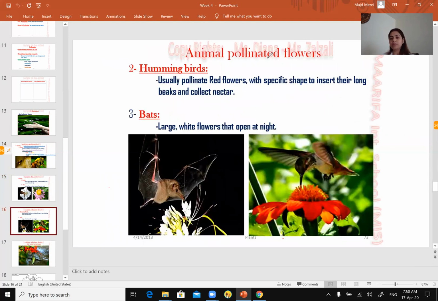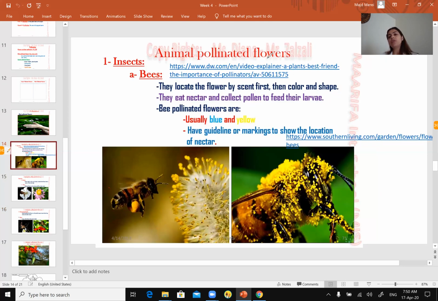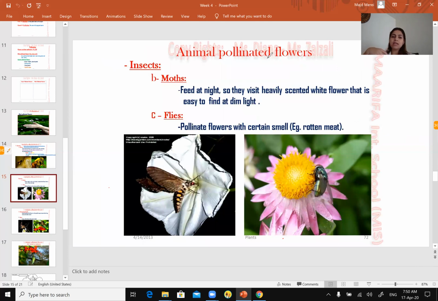You have insects, hummingbirds, for example, bats. For insects, there are different examples, but 90% of the plants are pollinated by bees, plus other insects, such as moths and flies.